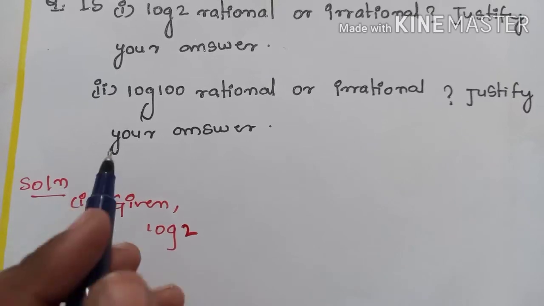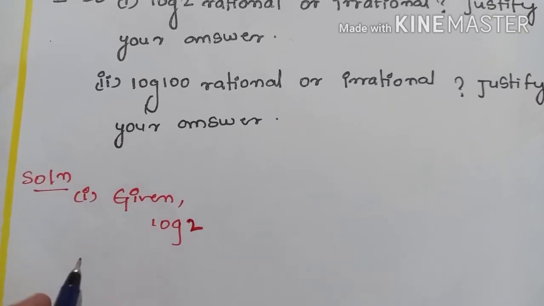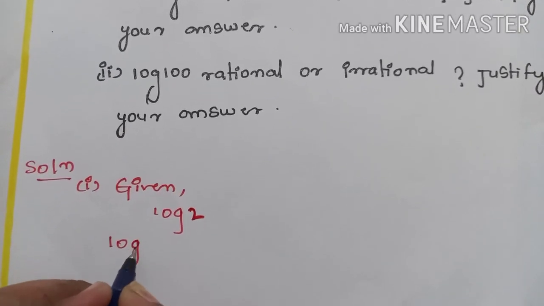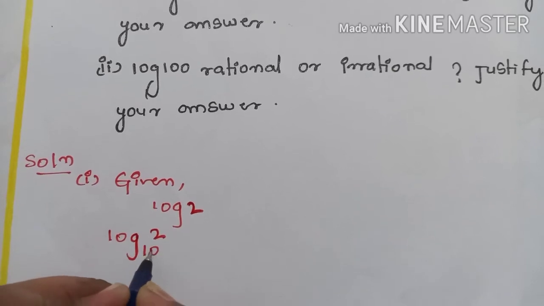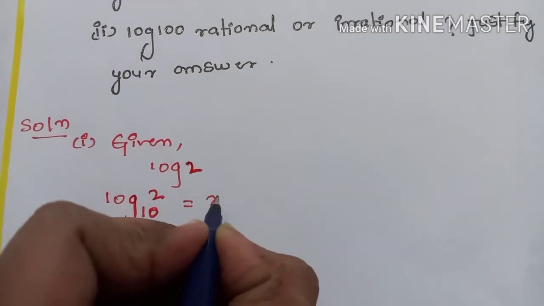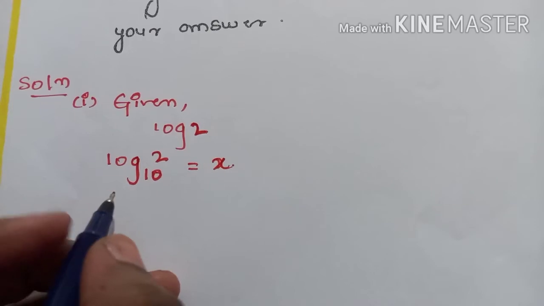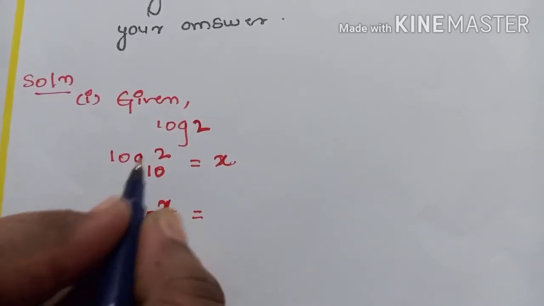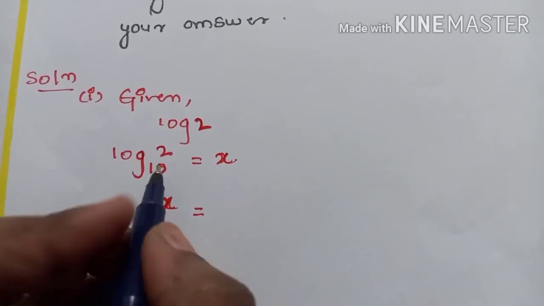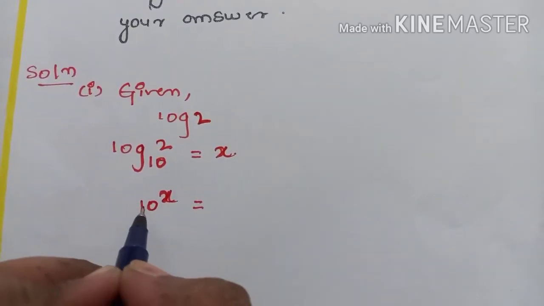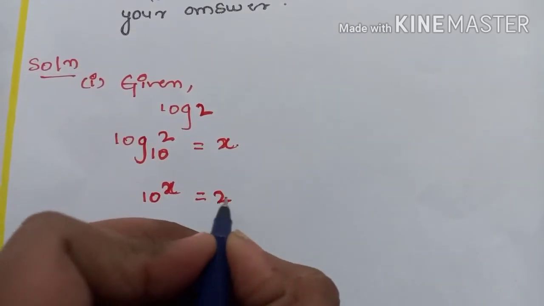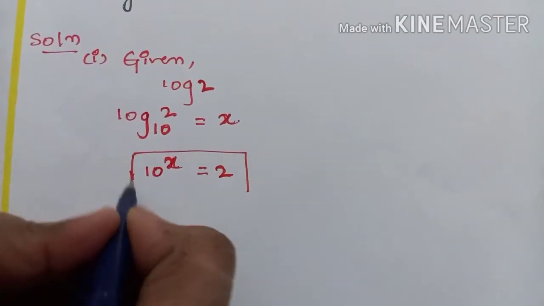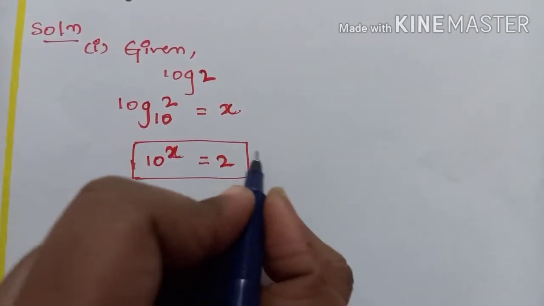If we are not comfortable with that method, the new method is: let log 2 to the base 10 equal x. Then, moving 10 to the RHS, it becomes 10^x = 2.